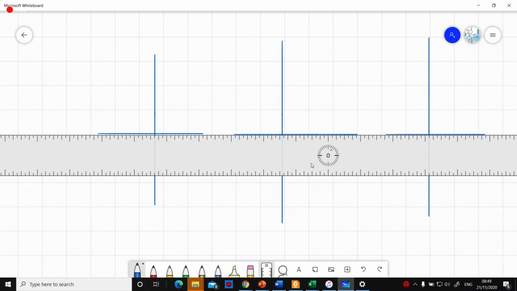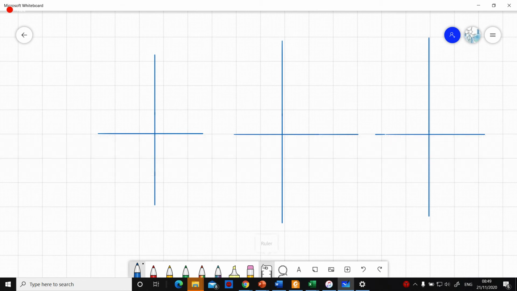Line there and line there. Okay, so now let's look at the original function. So the original function, it is x open bracket x minus 2, that is g of x, that's just a letter. So x and x minus 2 means that it will cross at 0 and cross at x minus 2. So cross at x minus 2.